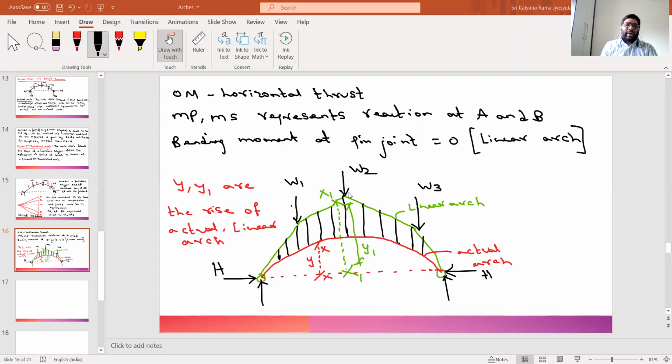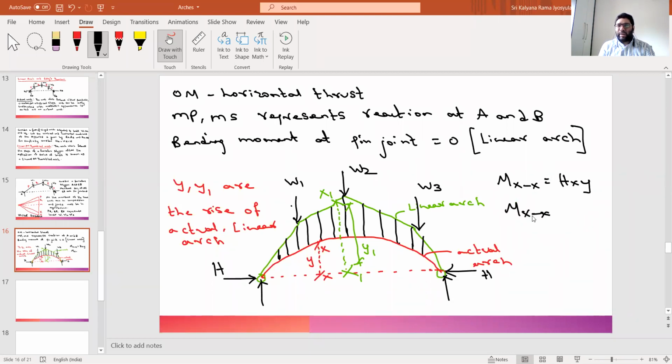Now how do we calculate the bending moment at the first section, that is xx? So moment at section xx is equal to how much? If you consider only the horizontal part of the load at this section xx, what we will have? H into y.